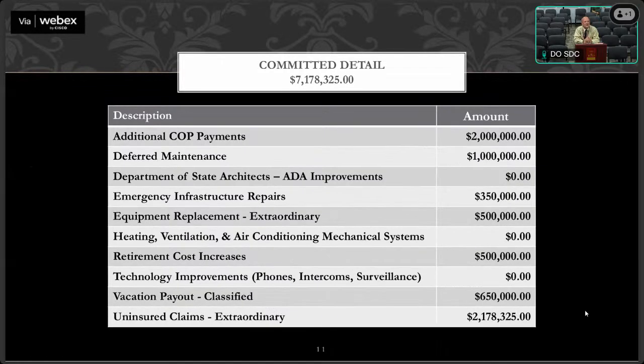Going on, this is our committed detail. So this is our reserve in the unrestricted general fund. This year, where our reserves are, we can only have 10% reserves. It's a law that's been passed around back and forth, being suspended, but this year it is going to be in play.